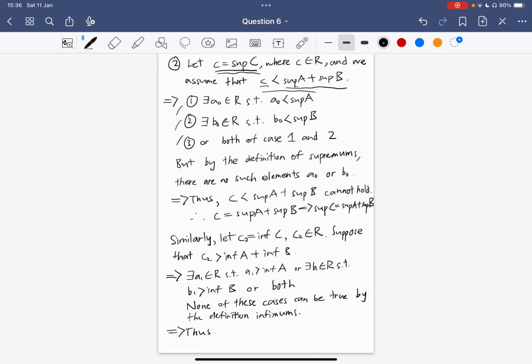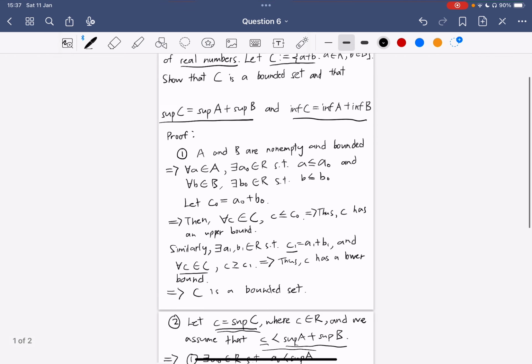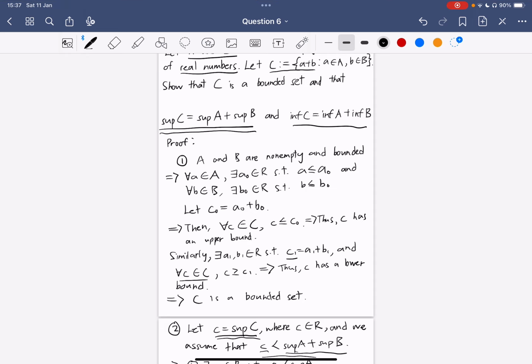Thus, C2 greater than inf A plus inf B cannot exist, and C2 would be equal to inf A plus inf B, which implies that inf C would be equivalent to inf A plus inf B. And thus we have proven that the supremum of C is equivalent to the supremum of A plus the supremum of B, and inf C is equivalent to inf A plus inf B.